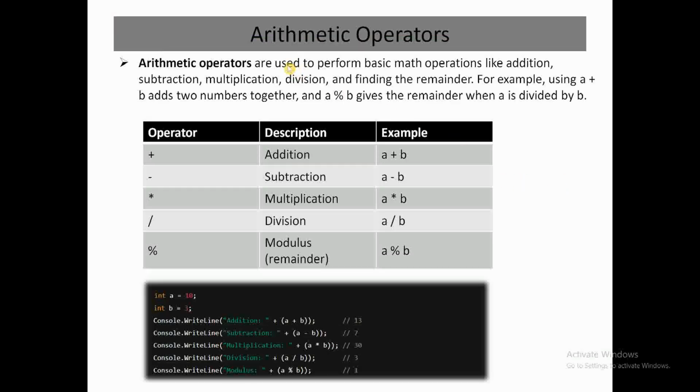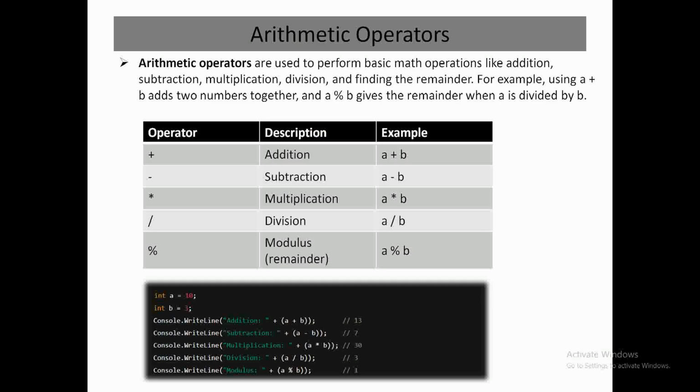First one is arithmetic operators. Arithmetic operators are used to perform basic math operations like addition, subtraction, multiplication, division, and finding the remainder. For example, using a plus b, adding two numbers together, and a modulus b gives the remainder when a is divided by b. So arithmetic operations are where we perform addition, subtraction, multiplication, division.